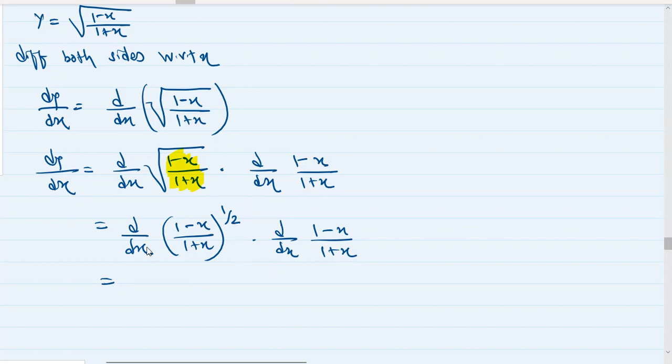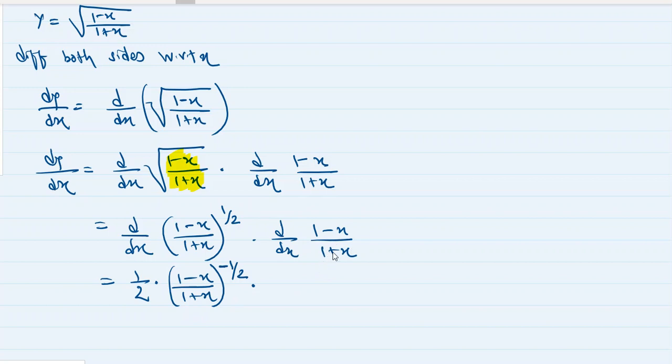So this half will be multiplied in front, half multiplied by 1 minus x upon 1 plus x the whole raised to minus 1 by 2, correct, because 1 by 2 minus 1 is minus 1 by 2. Okay, so we will simplify this.